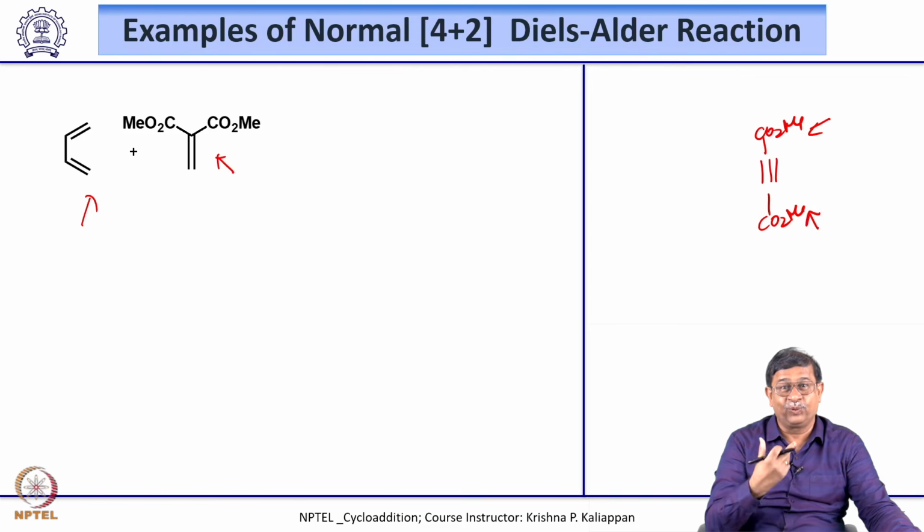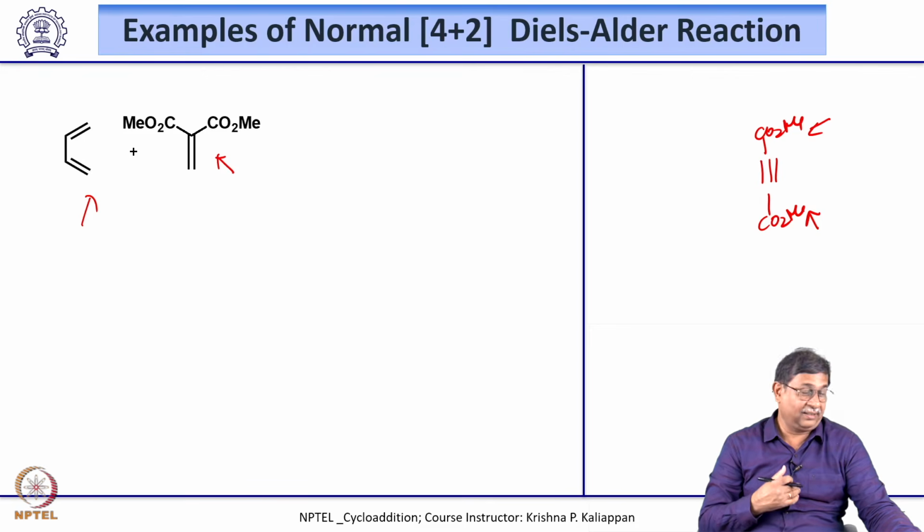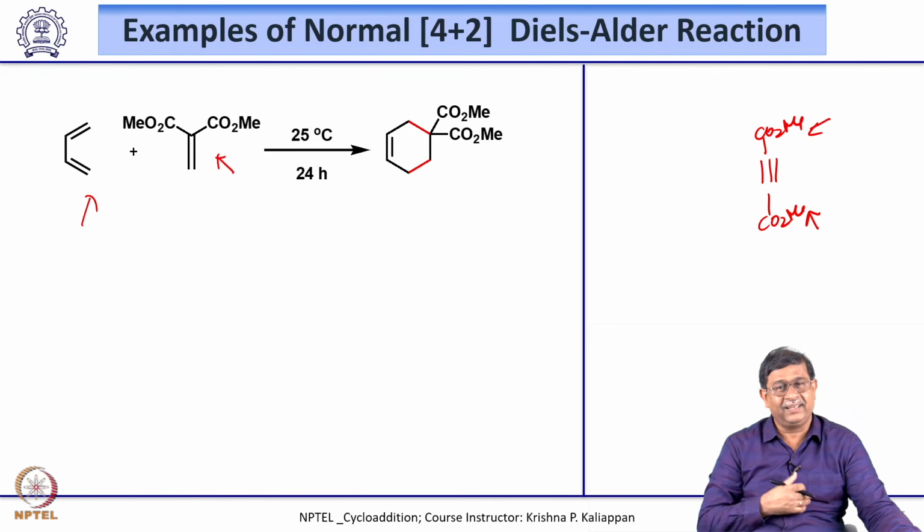So it makes it more electron withdrawing. If it is more electron withdrawing, the chances of Diels-Alder reaction occurring at lower temperature is very high. So, as you can see here, it can be done at room temperature to form this substituted cyclohexene.